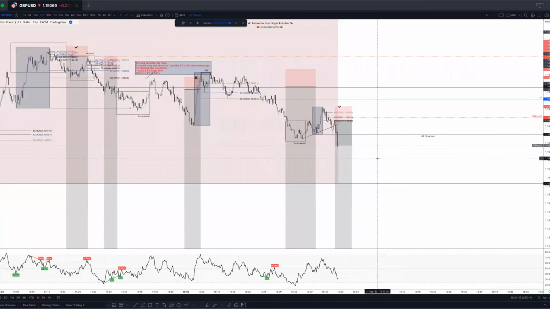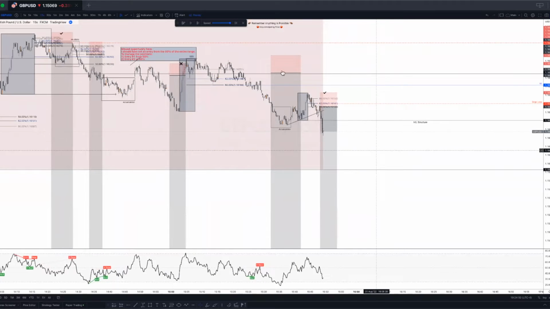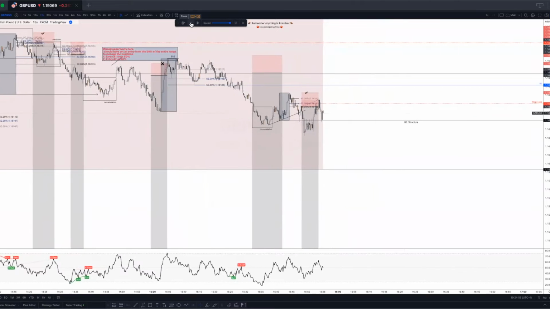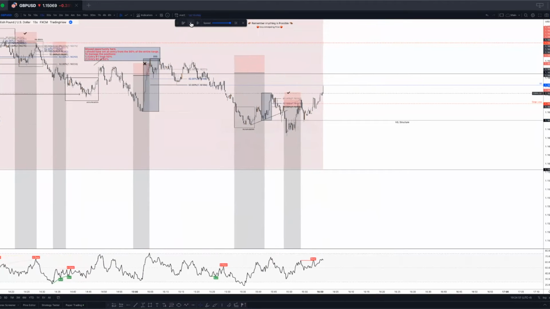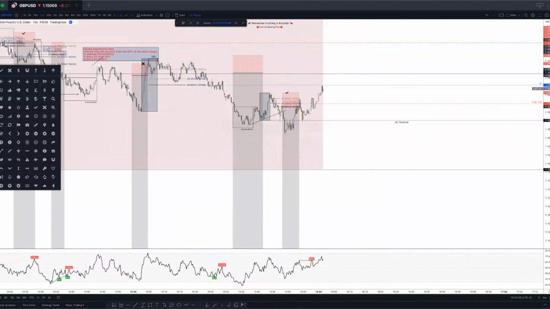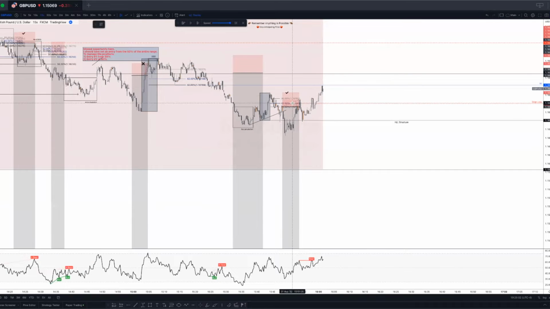Able to manage this one correctly. Never got tapped into this one and never came back into the entire range. Let's see what happens. Okay, and it's got taken out. Oh, I've been taken out actually for reduced risk. So that's absolutely fine. This is where I was taken out here. That reduced risk. Got in and a quick exit.